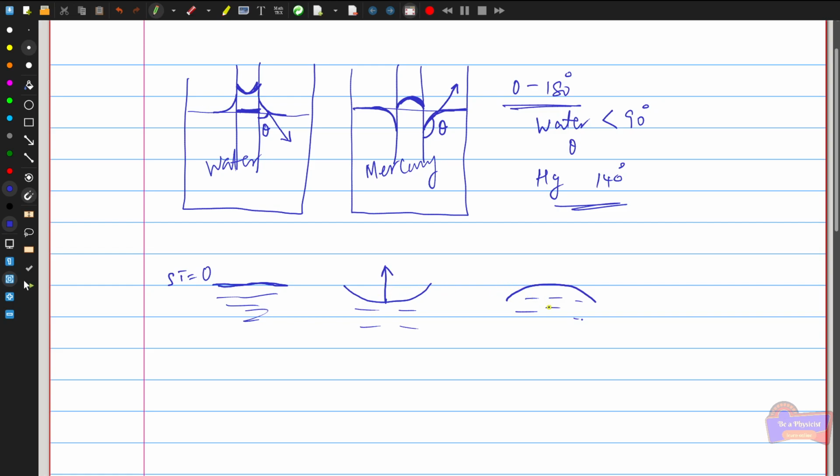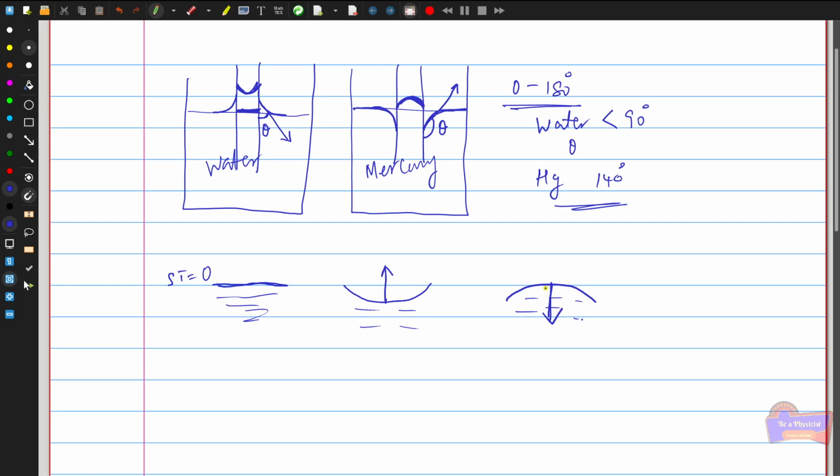On the other hand, suppose you consider the surface of the liquid is convex, then the resultant force due to this surface tension acts vertically downwards on the molecules of the surface.